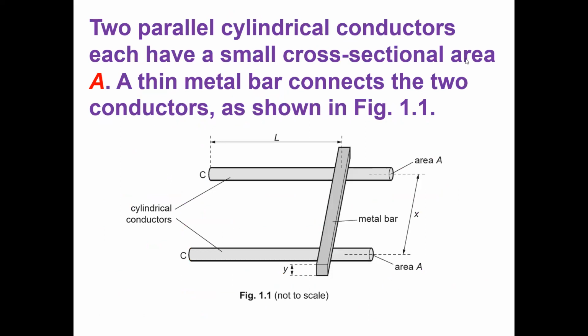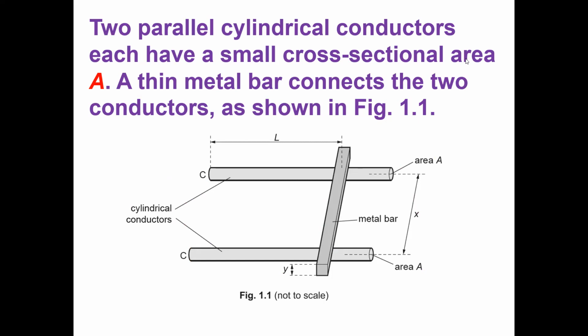So if you have read the first part, as I mentioned, the main important thing in this topic is how you judge the question. If you judge it carefully, then you can score well. The parallel cylindrical conductors each have a small cross-sectional area. A thin metal bar connects the two conductors as shown.